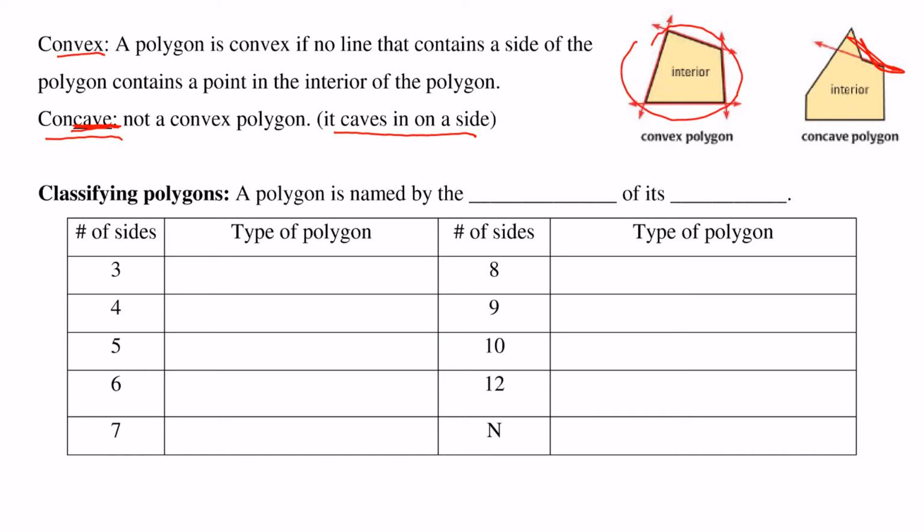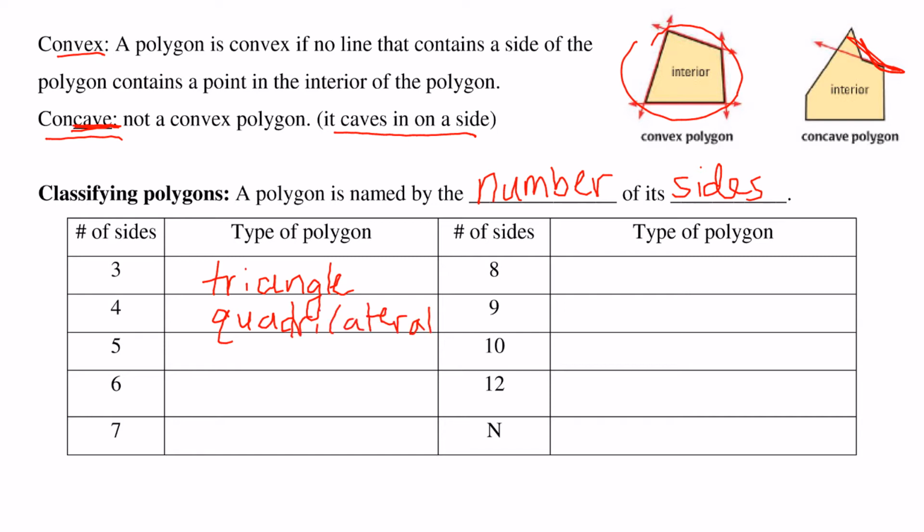So classifying polygons is named by the number of sides. And the name for a 3-sided polygon is a triangle. That one you definitely should already know. You probably know the next one. So 4 is a quadrilateral. Next would be 5 sides, and that is a pentagon.